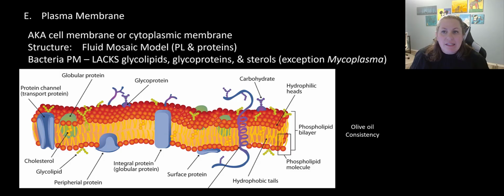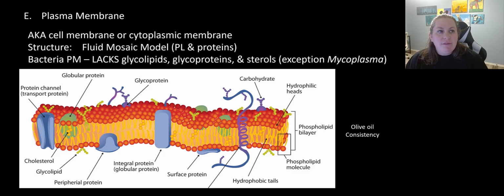So let's now switch gears a little bit and let's talk about some of the inner structures of the prokaryotic cells. So when we look here at the plasma membrane, this plasma membrane is also known as the cell membrane or the cytoplasmic membrane. Those terms are kind of interchangeable.